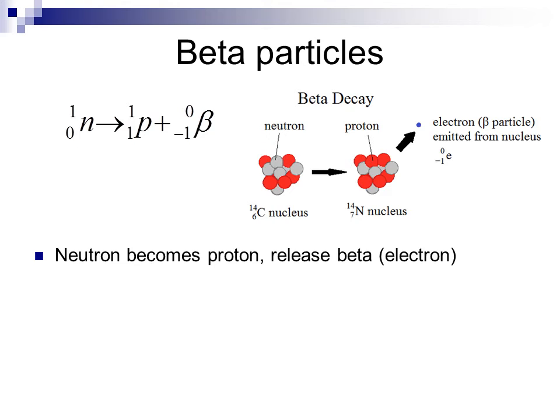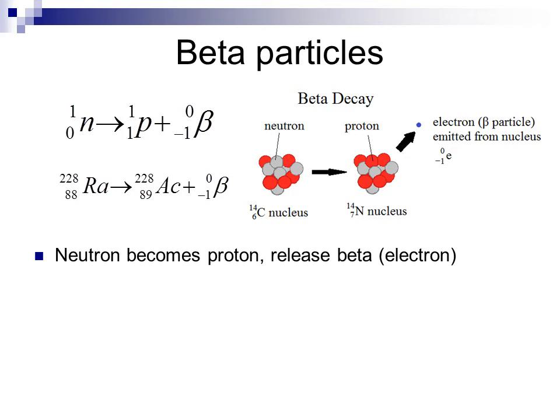So if you look at what's going on with this, we have, for instance, a carbon nucleus being converted to a nitrogen nucleus where we're releasing the beta particle, which is essentially the electron. Another example is the decay of radium-228 to actinium-228, where we see the release of a beta particle here.